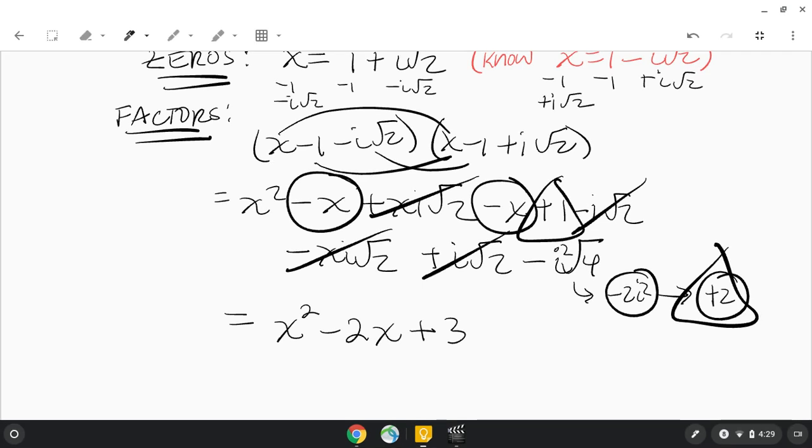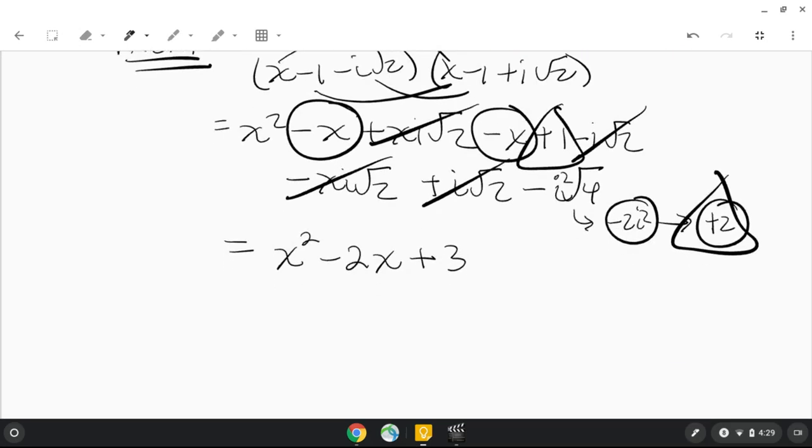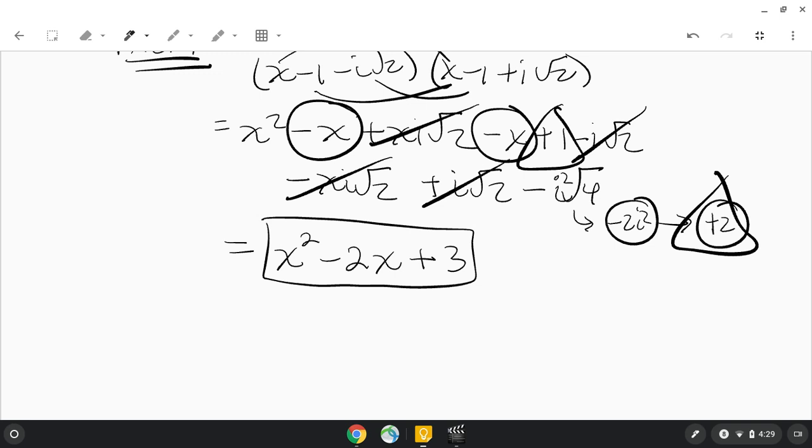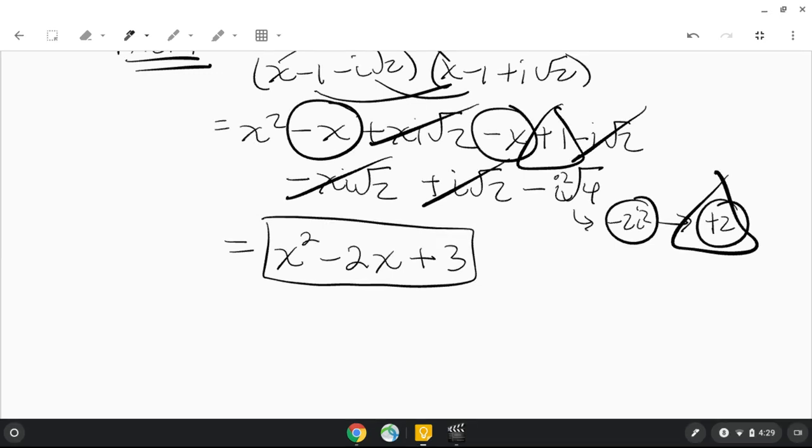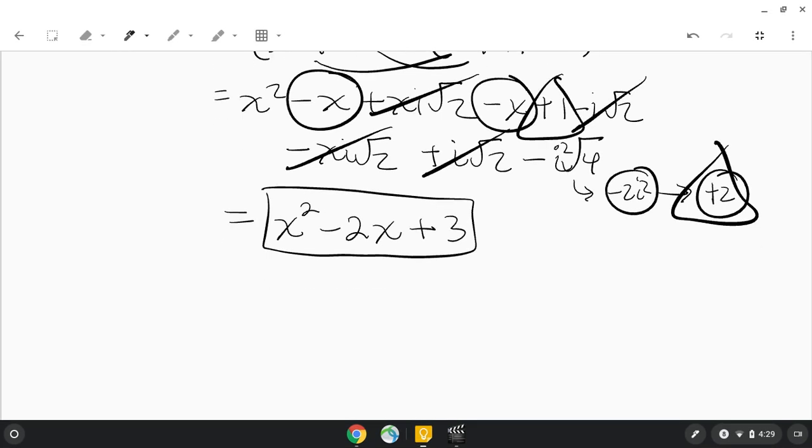So here's my polynomial, with real coefficients. Like I said, when you multiply these out, you should get a polynomial with just real coefficients. Your radicals should cancel out and your imaginary numbers should also cancel out.